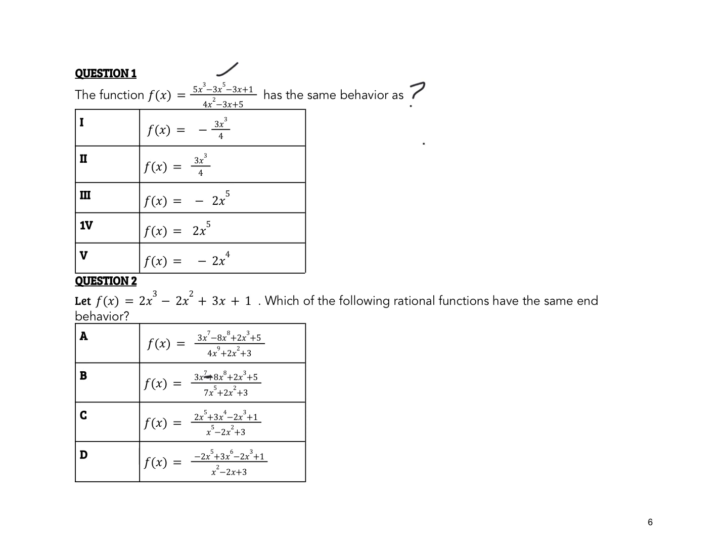In the numerator, I see negative 3x to the power 5. And what do I have in the denominator? I have 4x squared, and it's all positive. So when I simplify that, I get negative 3/4 x to the power 3.